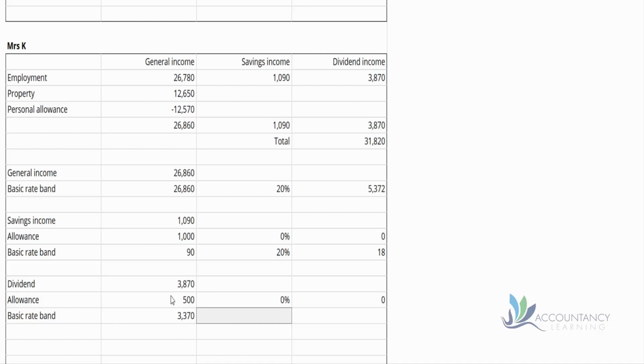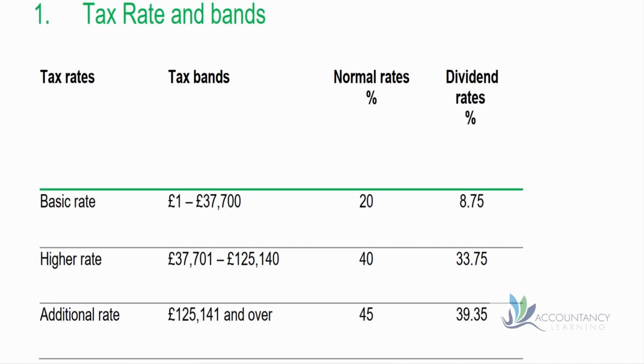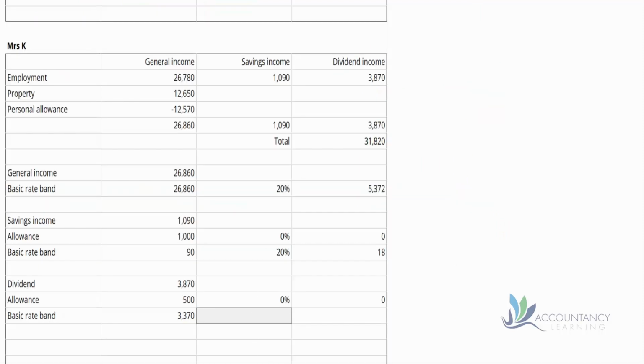So that gives us the total of the 3,870 together, and that's going to be taxed at the basic rate. Remember that dividend tax rates are different to the other rates. So for the basic rate we have 8 3/4%. And then when we multiply that by the amount of income, we have 295.